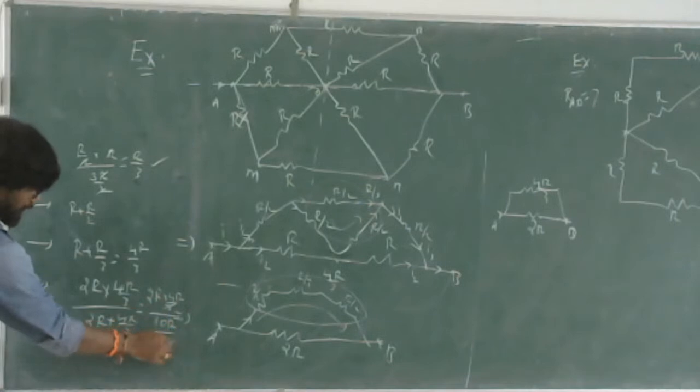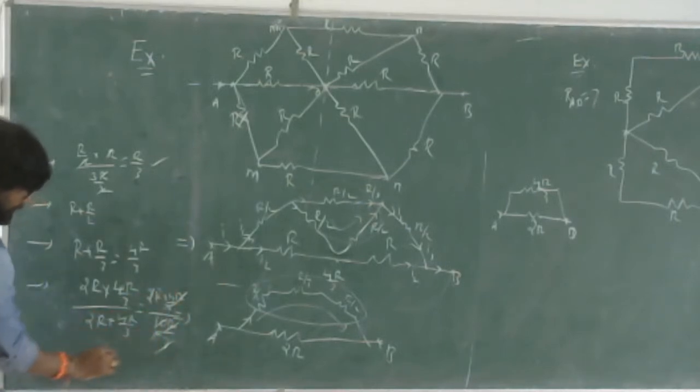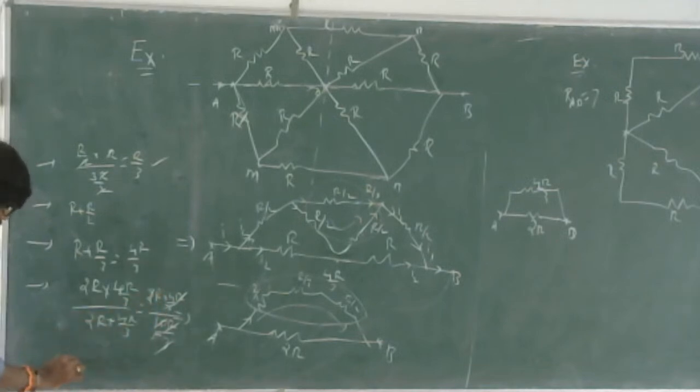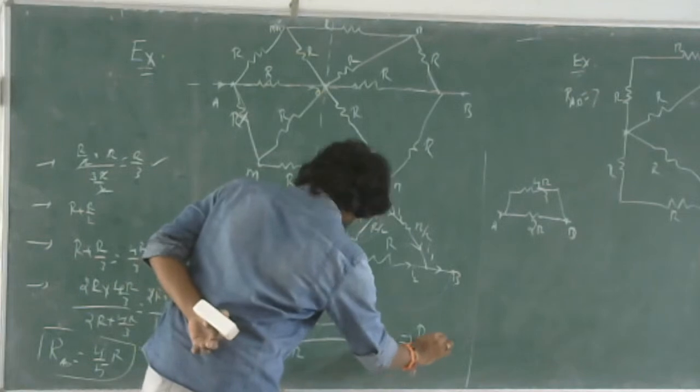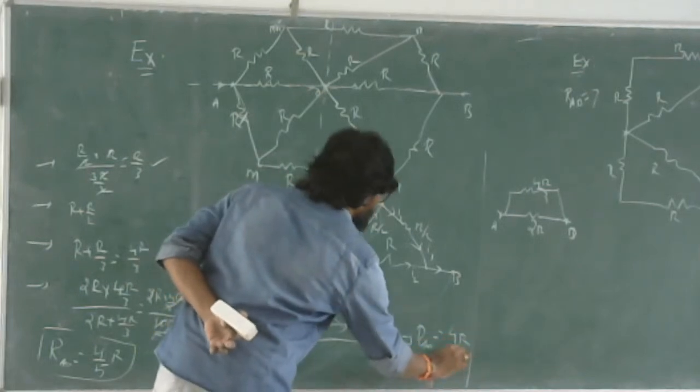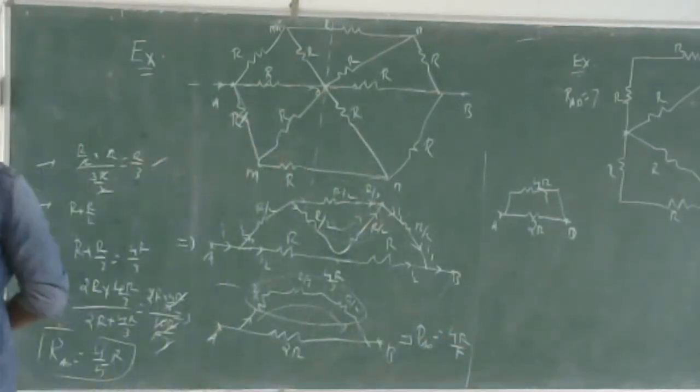Got it? 3 cancels, R gets cancelled. 2 1s, 2 5s. 4 by 5R. 1 R is there, right? So RAB is equal to 4R by 5. Got it?